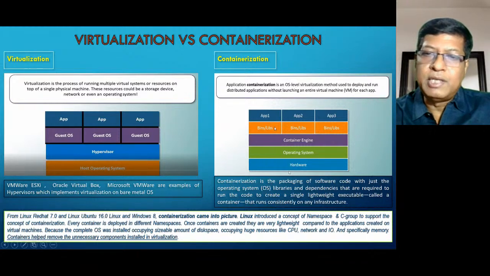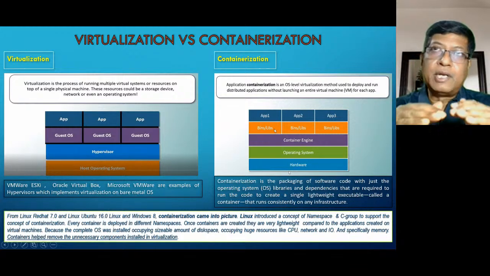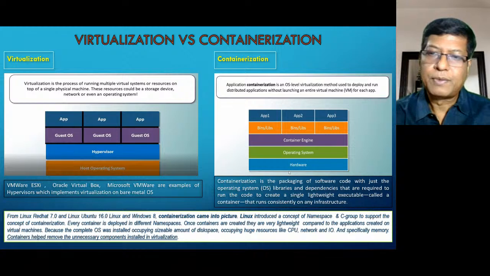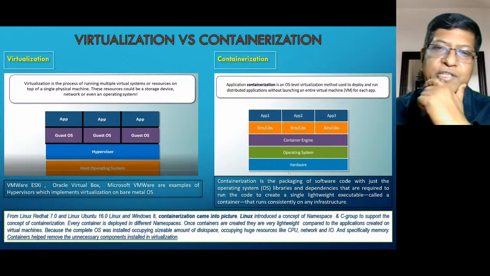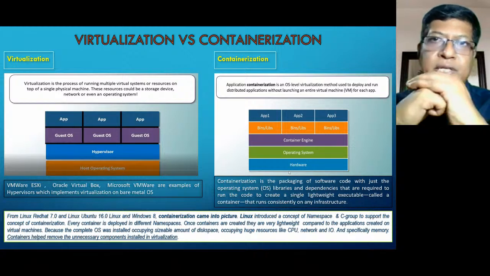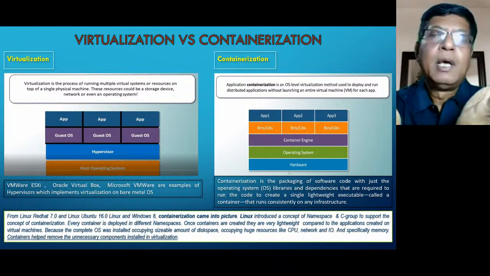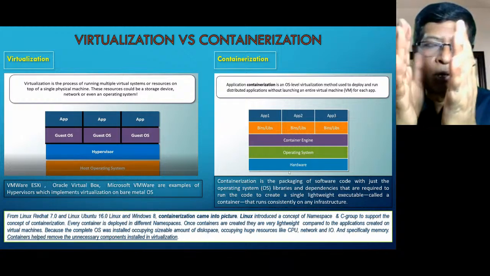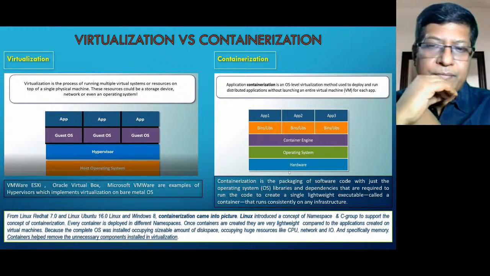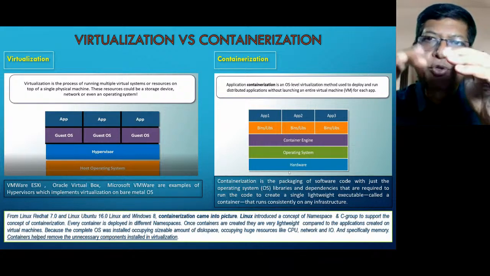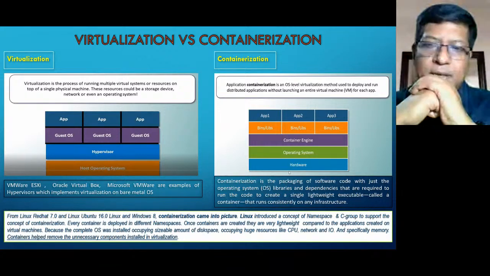You need only the binaries and the libraries of the application layer of the OS. See, an operating system has 2 layers. What are the 2 layers? Can anybody tell me? Let's say the Windows operating system, or better to discuss Linux. Linux will have 2 layers. What are they?